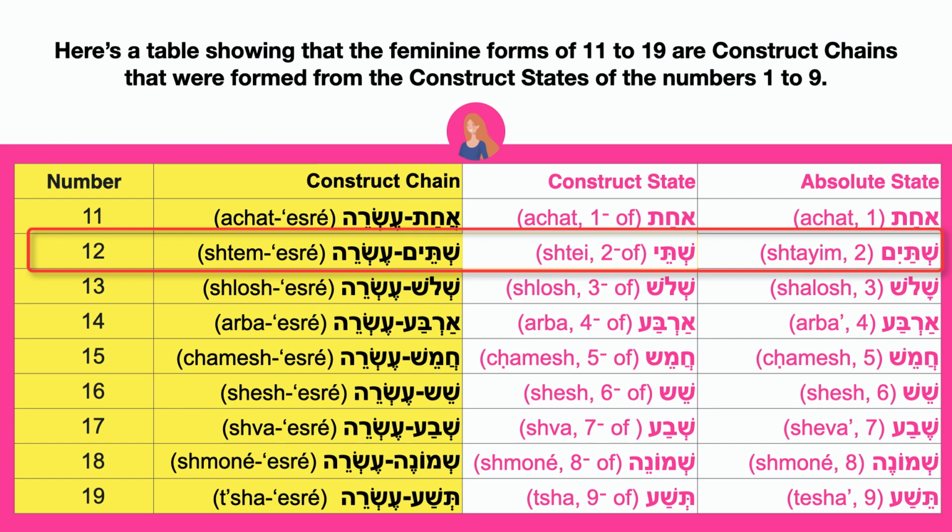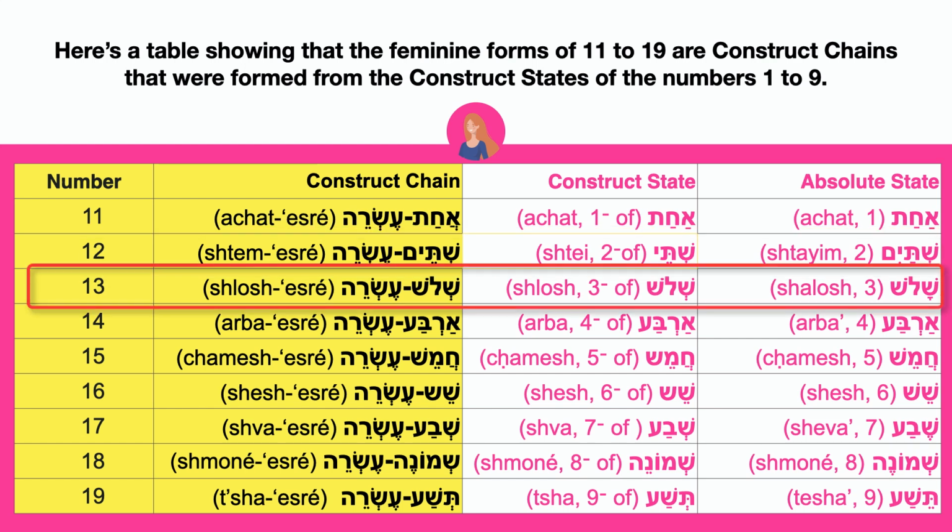Achat esre, 11. 12 is shtem esre. The construct state of the feminine form of the number 2, which is shtaim, is shtei. So shtei, shtem, they resemble each other. So shtei becomes shtem in the construct chain, and that's 12.